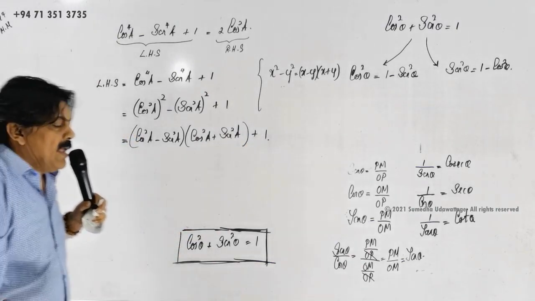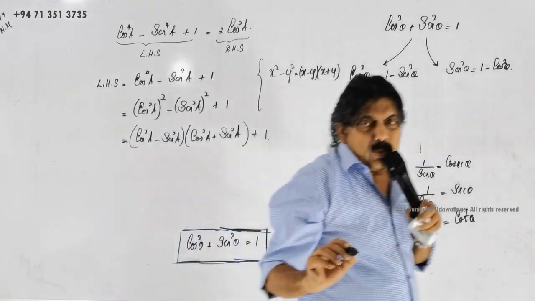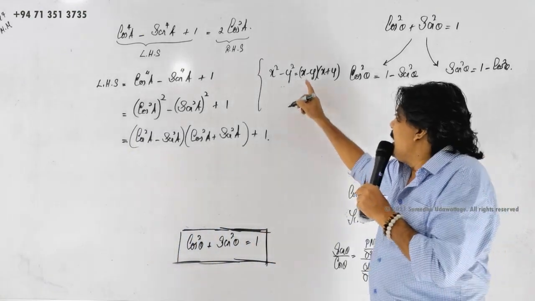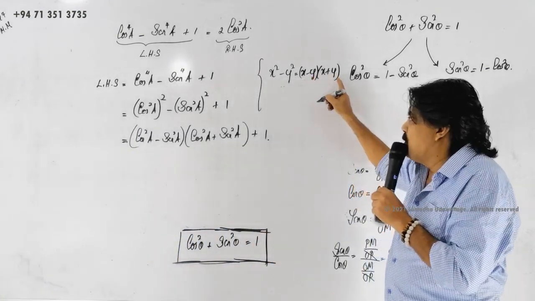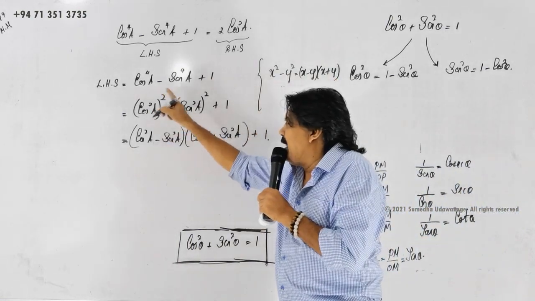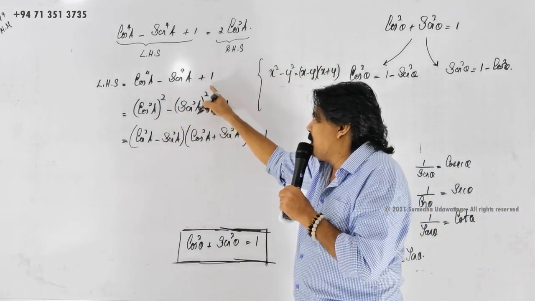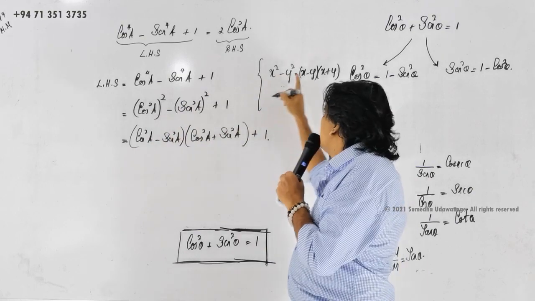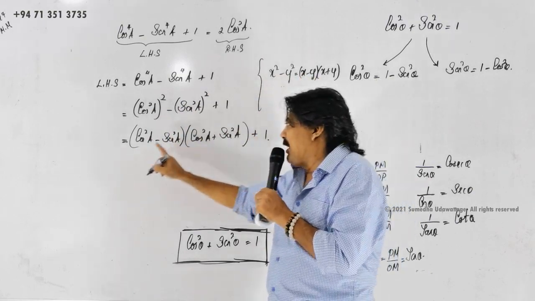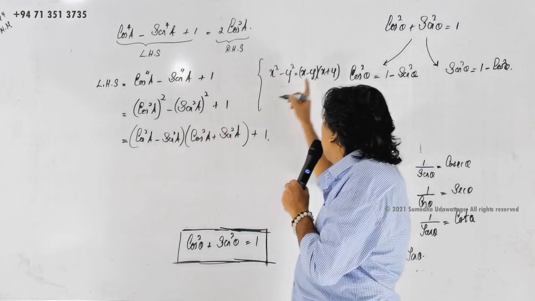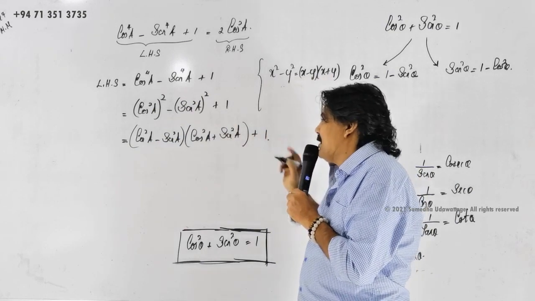So cos square squared minus sine square squared is equal to the difference, x minus y, cos square minus sine square, x plus y, cos square plus sine square.